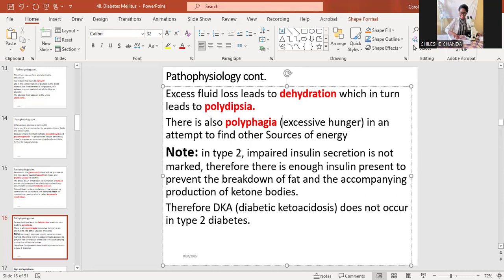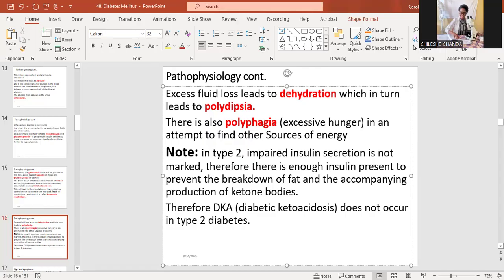Now in type 2, this is where we're going to have polyphagia. In type 2, impaired insulin secretion is not marked. Therefore, there is enough insulin present to prevent the breakdown of fat, and the accompanying formation of ketone bodies is prevented.